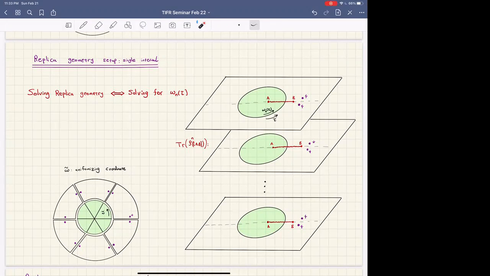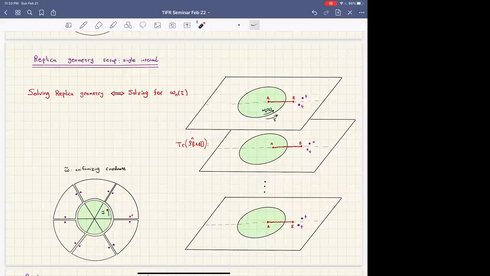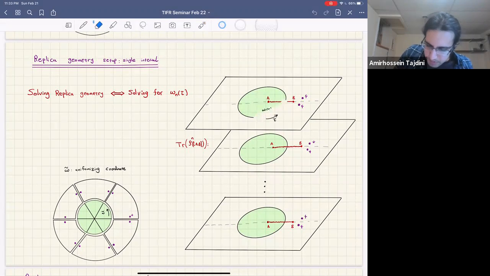Sorry, when you say disk, what is the boundary of this disk? Do you mean sphere? No, just a disk. What is the boundary of the disk, please? This part maps to this part.